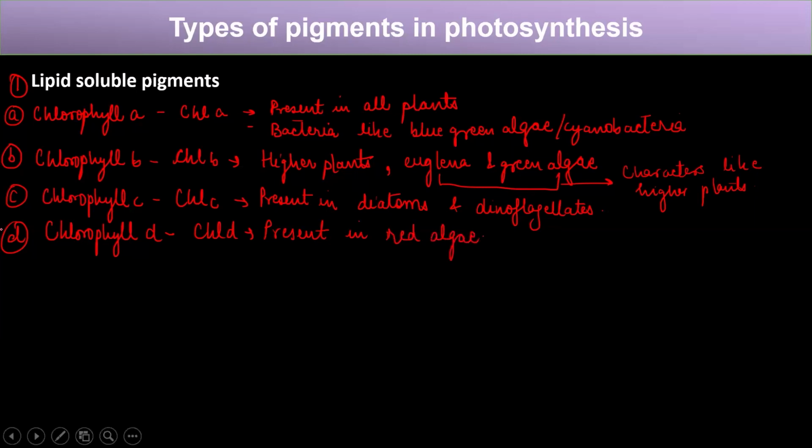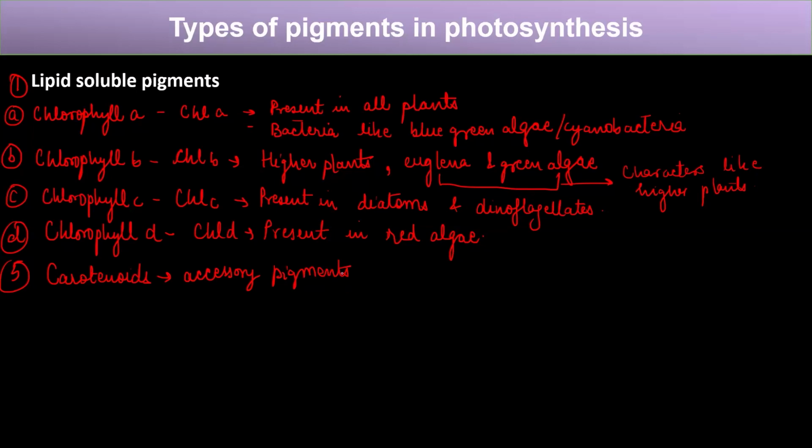Now the next lipid soluble pigment is carotenoids. Carotenoids are also called accessory pigments, meaning they help the other pigments.